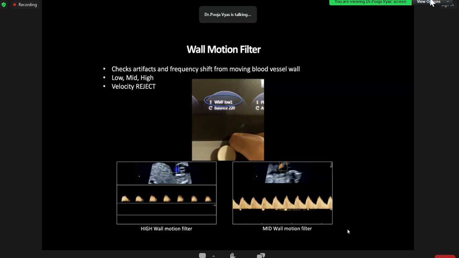So suppose we get a monophasic flow as seen over here. The moment we switch the wall motion filter to optimum, we see that the diastolic flow is there. So it is mandatory to choose the wall motion filter adequately. If we make a very high wall motion filter, we will not be able to see the diastolic flow well.